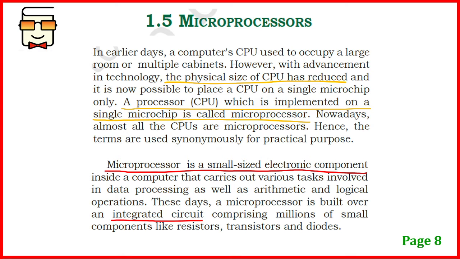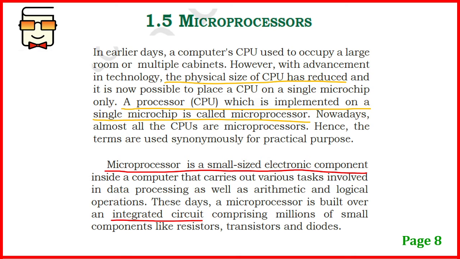So when we call a CPU, it has now eventually been called a microprocessor, because in the earlier days the size of the CPU used to be large as compared to today. Today most of the CPUs are built on a very small chip or an integrated circuit, which is an electronic circuitry built on a very tiny board.